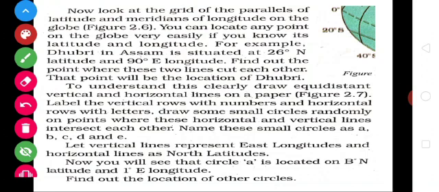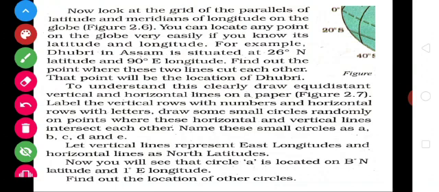Name these small circles A, B, C, D and E. Let vertical lines represent east longitudes and horizontal lines represent north latitudes.